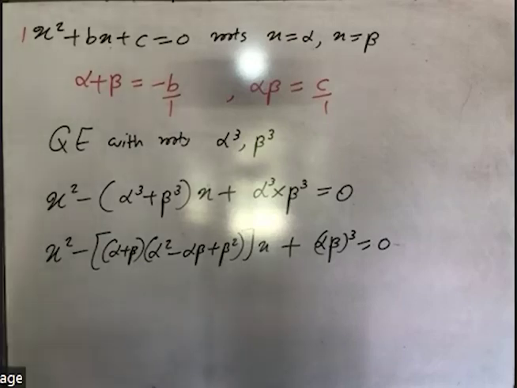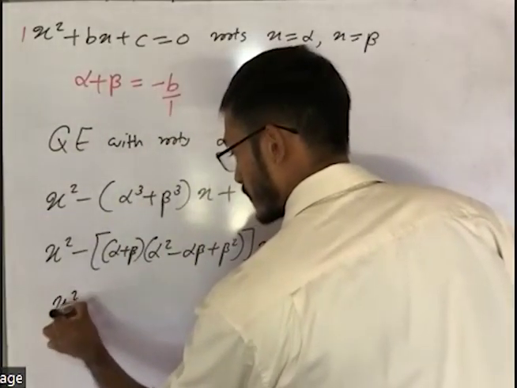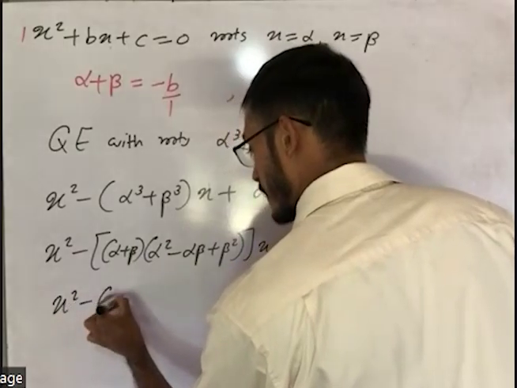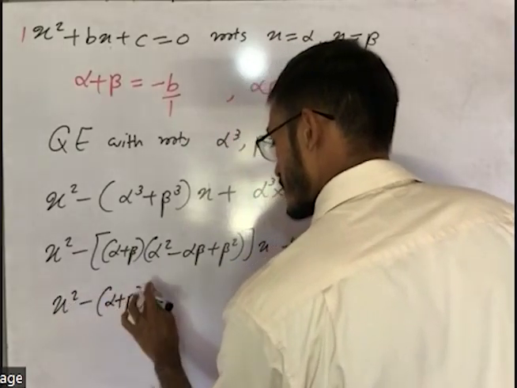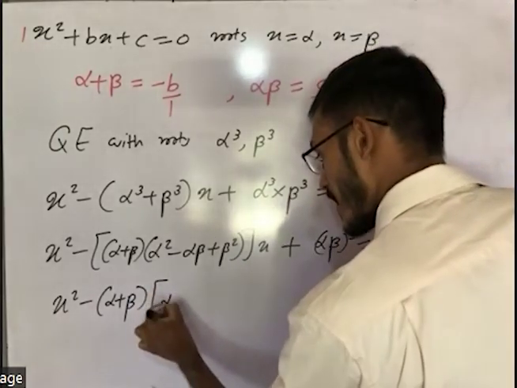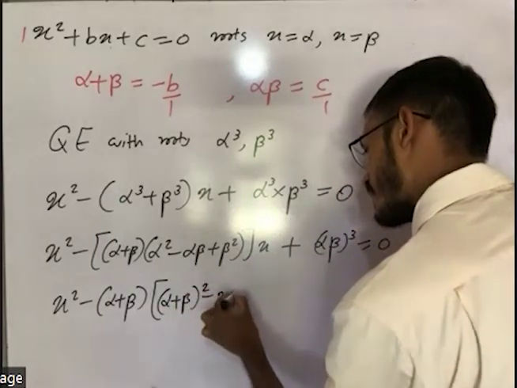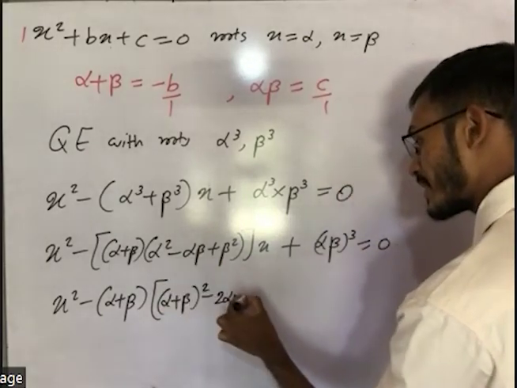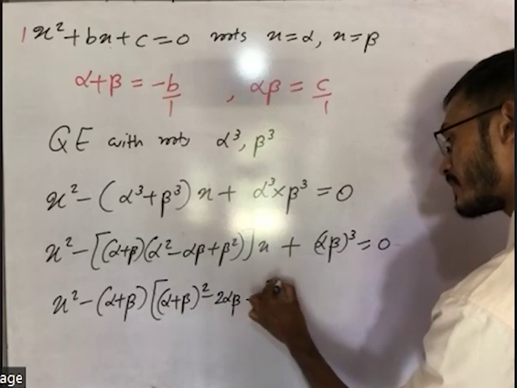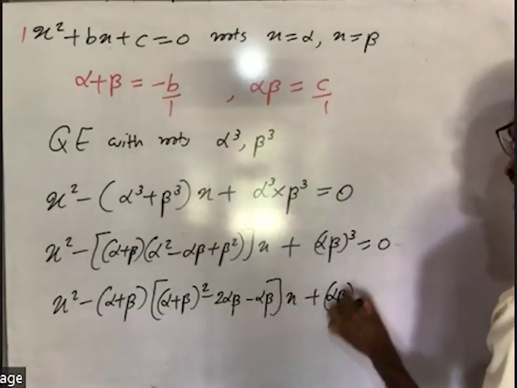Okay. Now here we have x square minus alpha plus beta. This factor, alpha square plus beta square, I can write down as alpha plus beta square of the whole thing minus 2 alpha beta, and the remaining alpha beta into x plus alpha beta to the power 3 equal to 0.